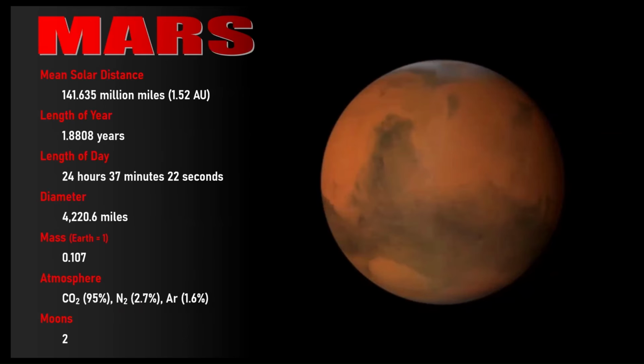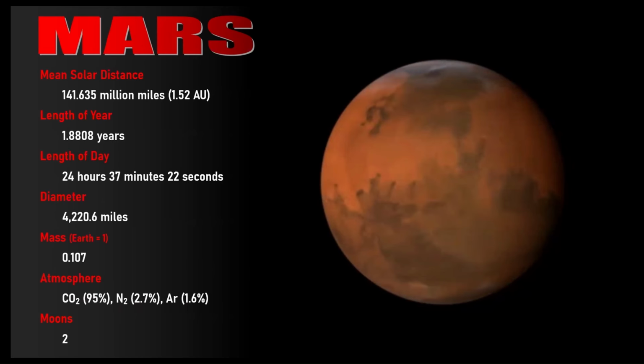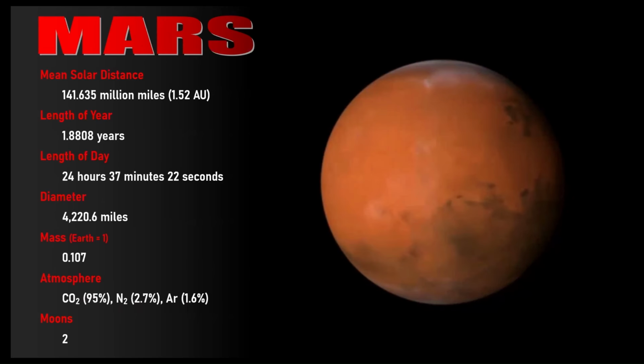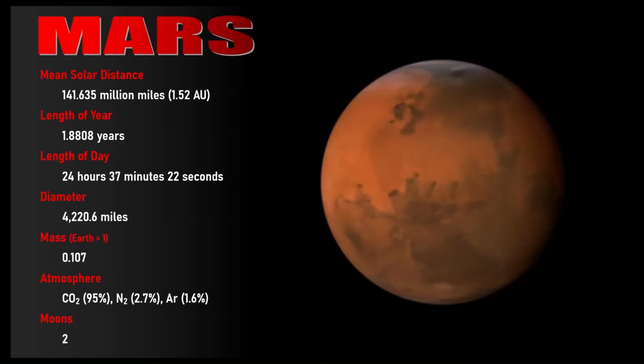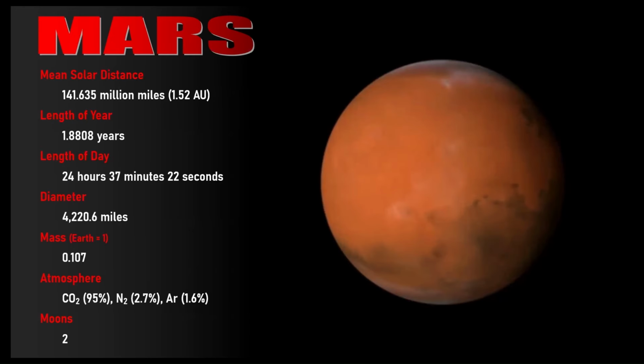So that carbon dioxide just doesn't really do a lot to raise the surface temperature. I mean, it does, but it's not significant, like anything that we would require. There are traces of water vapor and oxygen as well, but nothing that we could really drink easily or breathe, in terms of the oxygen. And we will mention Mars's two moons here shortly.